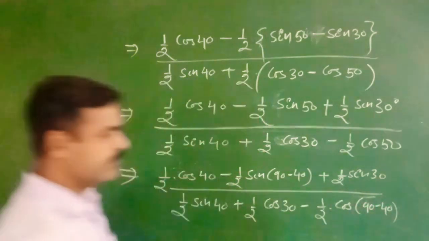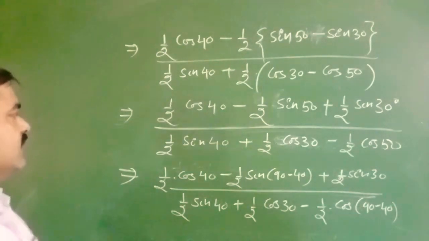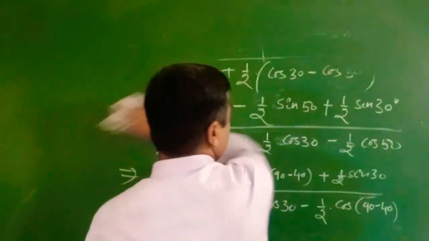Everyone knows 50 can be written as 90 minus 40. So come to the next step.